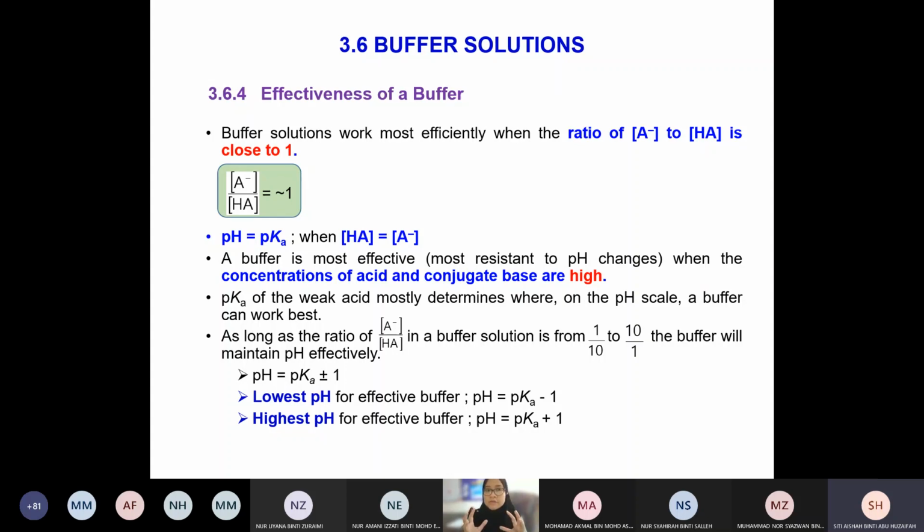It has that ability because it can counter acid that enters and base that enters. But for how long? That is the stress. When acid enters, it is stressed because it has to counter the acid added. Otherwise, the system will be under stress and the pH will increase or decrease drastically. So that's basically how a buffer works.